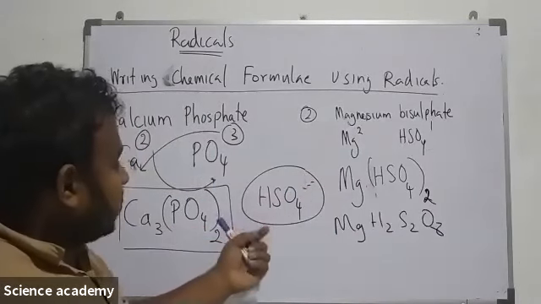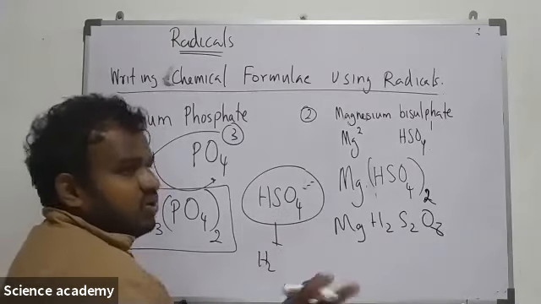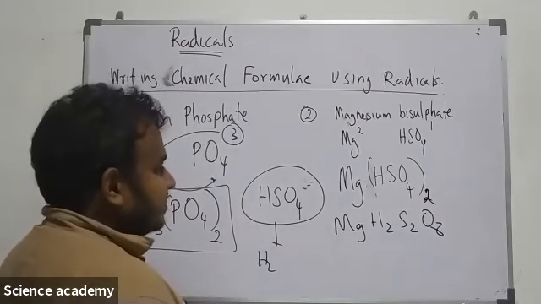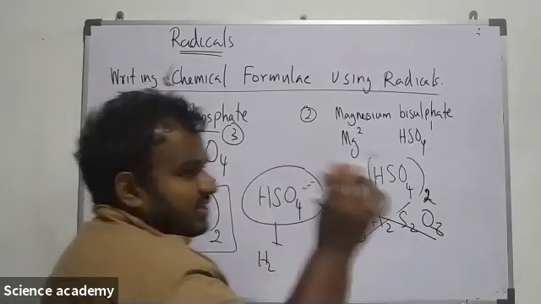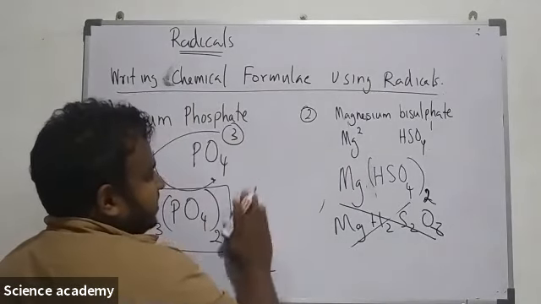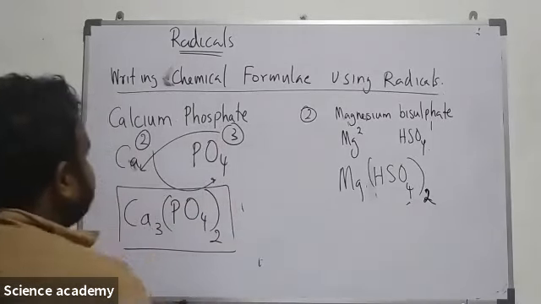Once it is a radical, you can't break that radical and make H2, S2 and all. The radical is repeated twice, so you can't write it in this manner. A radical is a polyatomic ion. That's why we introduced radicals first. Good question.